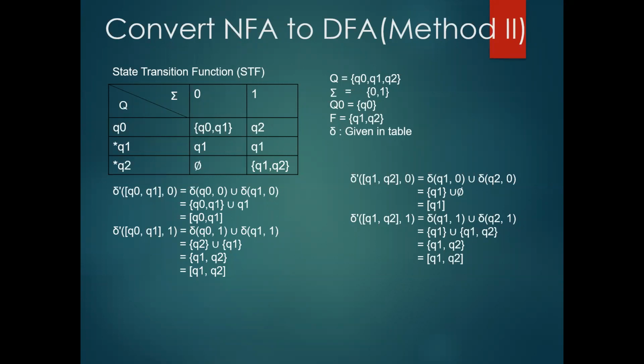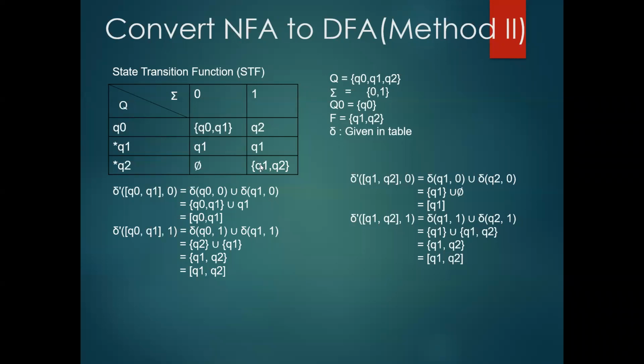So we'll compute delta dash on the combination state Q0, Q1. From state Q0, Q1 on input 0, there is a transition to state Q0, Q1. Similarly, on input symbol 1, there is a transition from Q0, Q1 to Q1, Q2.